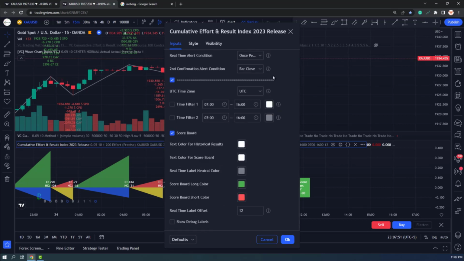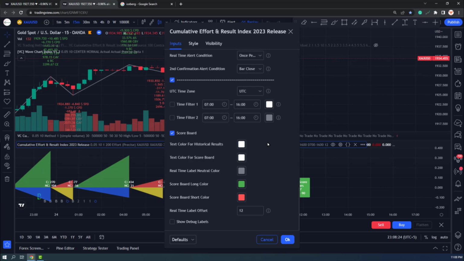There are some other settings, other filters. If you want to just filter time, like you don't want to get alerts from 1 a.m. to 3 a.m., you can set that time filter. When the market opens, on that time you can notice ridiculously high spreads.